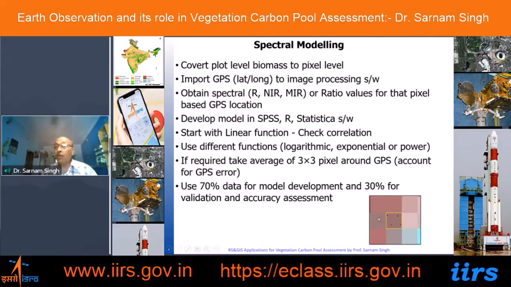You get wrong assessments actually. Your correlation becomes very poor. What do we do in such situations? We take the average of 3 by 3, 9 pixels. I take a 3 by 3 matrix of pixels, and the average of it. So all the mistakes because of minor variations or GPS location variations are taken care of.